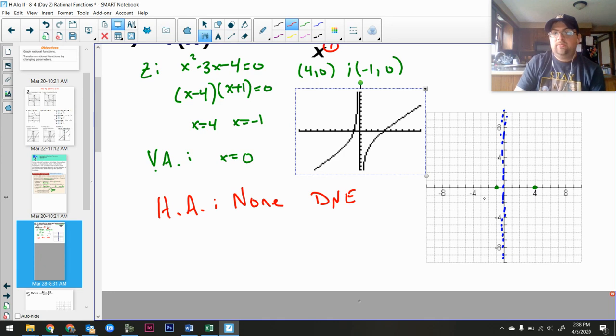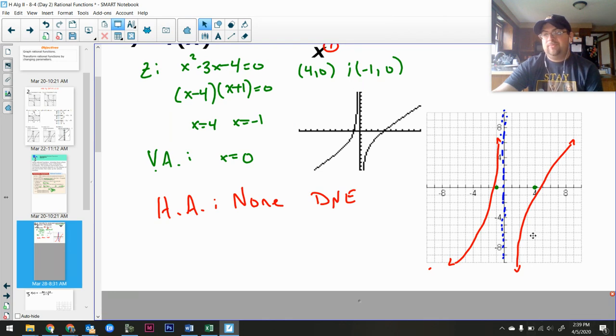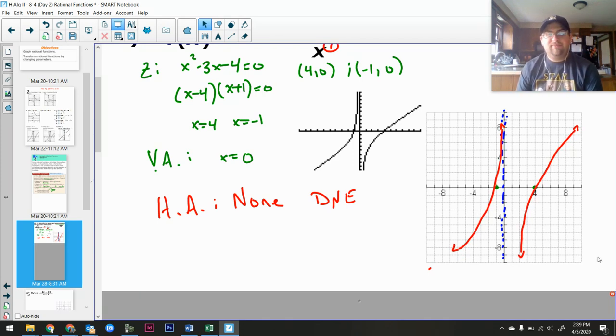Just sketch that in. Okay. Looks like it comes up here and dives out around here. Kind of missed it. That's all right. Doesn't really matter. There we go. All right, so there's my function there.